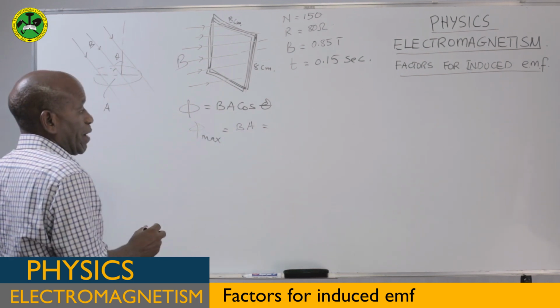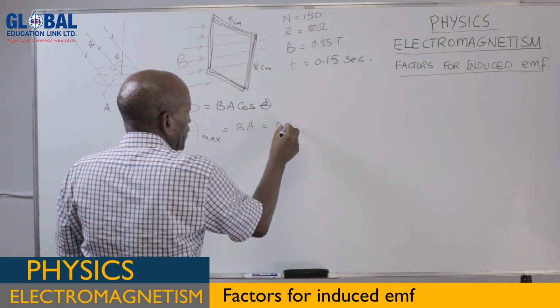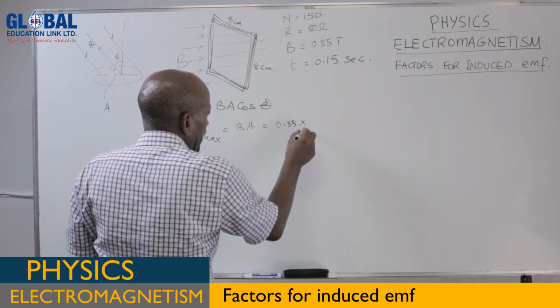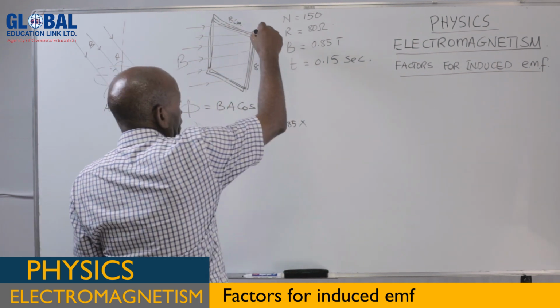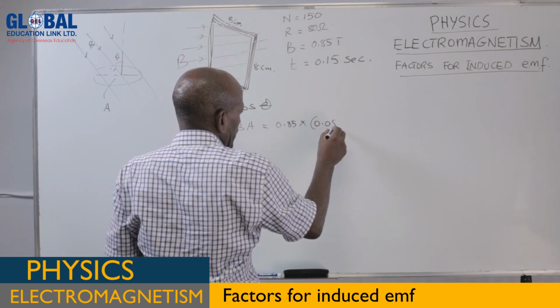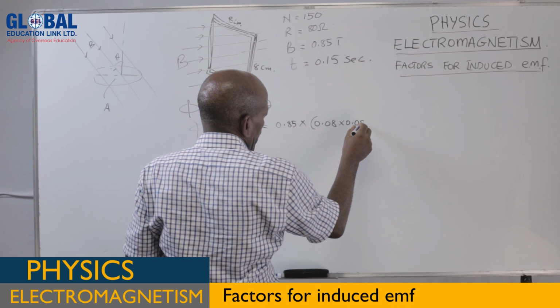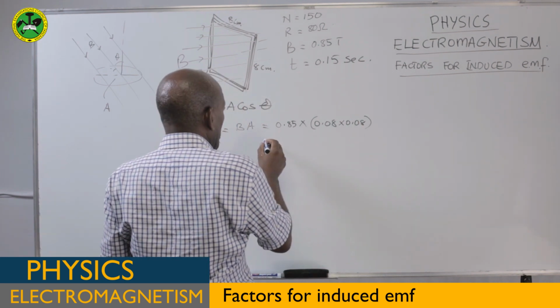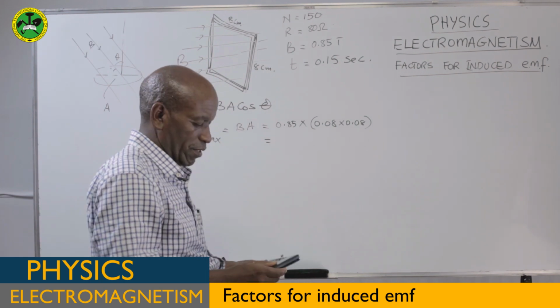And in this magnetic flux, we are multiplying B, which is 0.85, and the area, which is 0.08 meter by 0.08 meter. So we are going to get the magnetic flux, and this can just be computed.